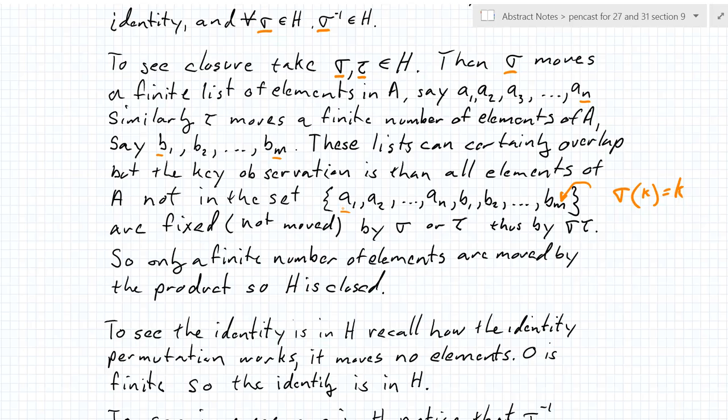So if I collect up as a set all the elements moved by sigma and all the elements moved by tau, it'll be a finite set of elements, in fact at most n plus m elements. Everything else is fixed by both sigma and tau. So in other words, sigma and tau don't move anything that's not in this set.